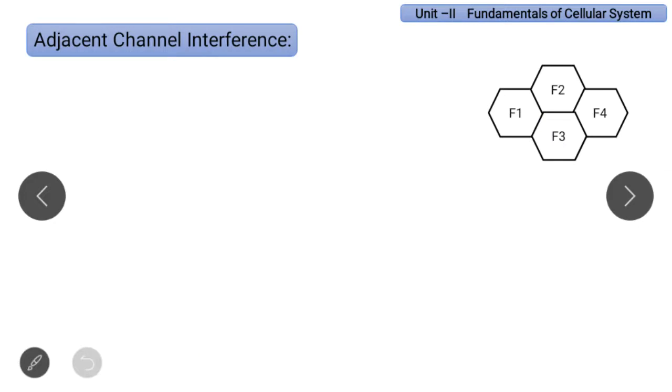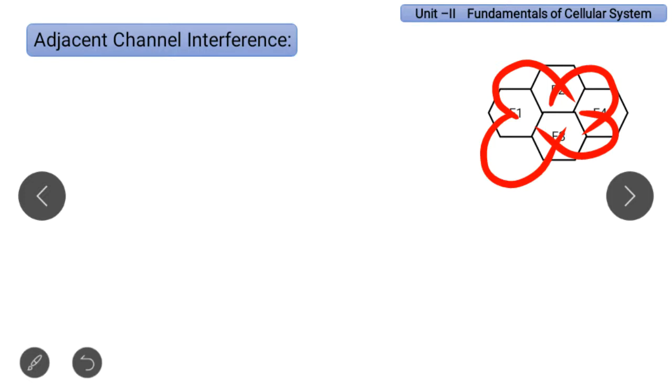The next type of interference is adjacent channel interference. What is meant by adjacent channel? You all know. The neighboring cells are called the adjacent channels, like F1, F2, F3, F4.